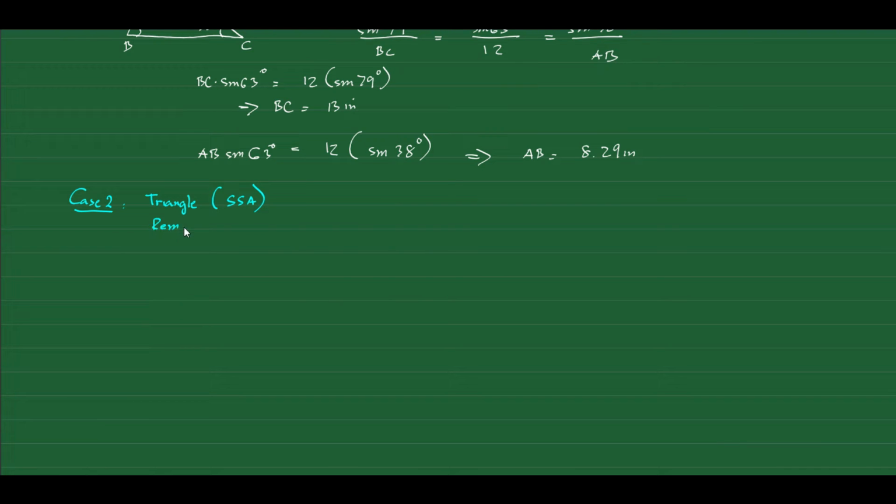Shall I put a ring mark? So angle here must be opposite one of the side. Okay, so you use this remark here to determine if it is the first case or the second case. If you see side, side, angle, then you gotta do one thing.